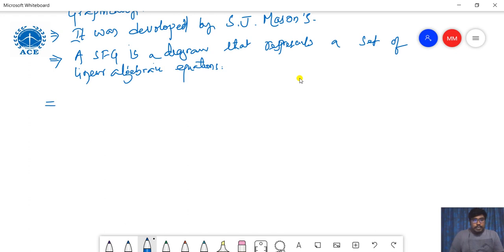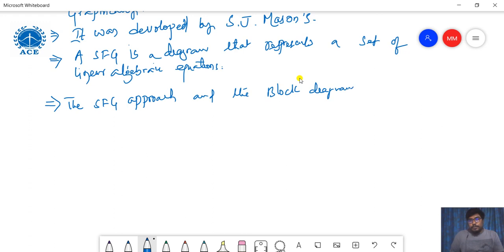The next point I can write: the signal flow graph approach and the block diagram approach give the same information.